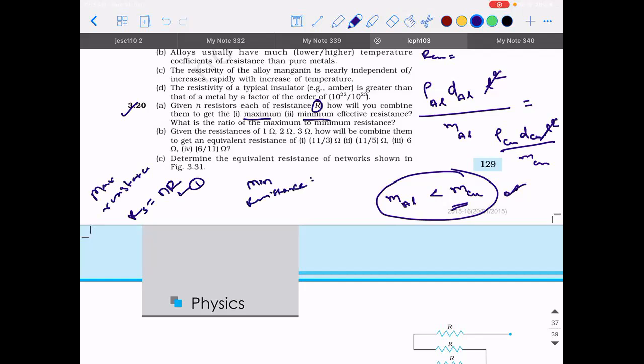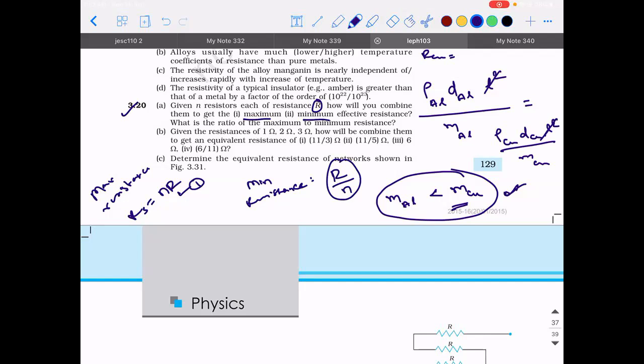When you connect everything in parallel. When you connect n resistors of each value being R in parallel, then you will get the equivalent as R divided by N. If you want, you can calculate and see, because 1 by R equivalent will be equal to 1 by R plus 1 by R plus 1 by R, so on till n times. So 1 by R equivalent becomes n by R. So R equivalent will become R divided by N.